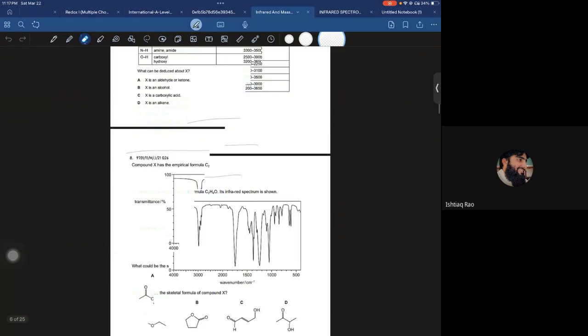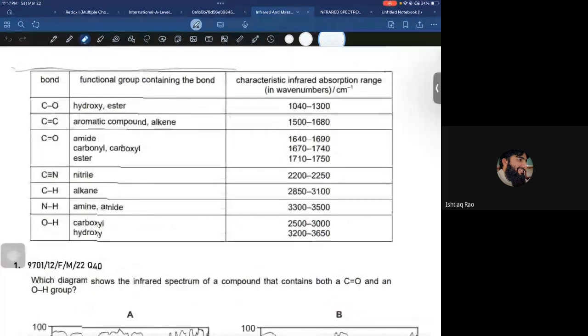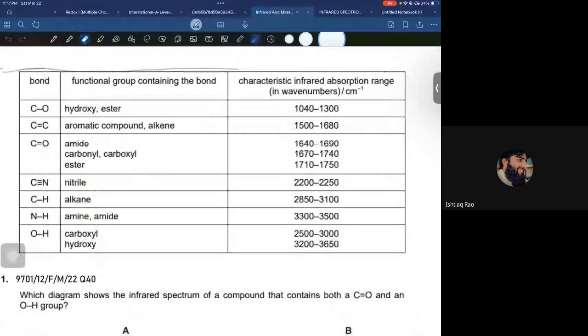In this table, you can see the carbon oxygen bond in hydroxy, that is alcohol, in ester. This bond will absorb this much frequency of infrared radiation. Of course, after absorbing, the bond will vibrate.